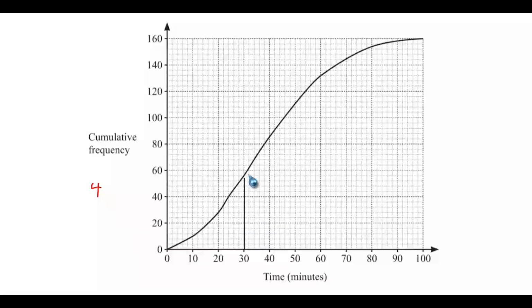How many lines do you have from here to here? From here we want to get the corresponding value here. So this is 5, 10 and 14. So that is 14 lines. So it will be 4 times 14 lines, which will give us the necessary answer. So that will be 56.